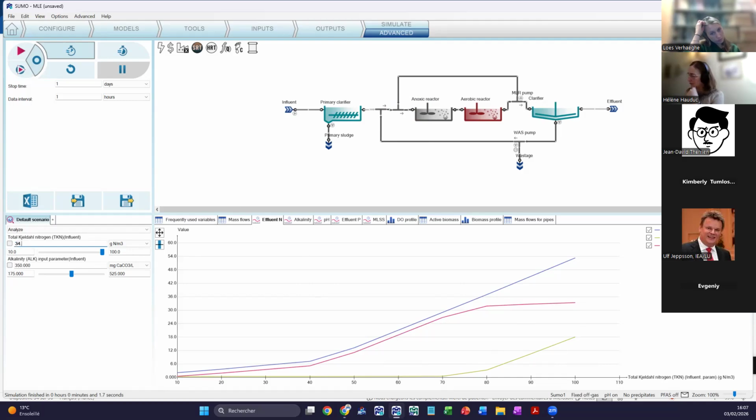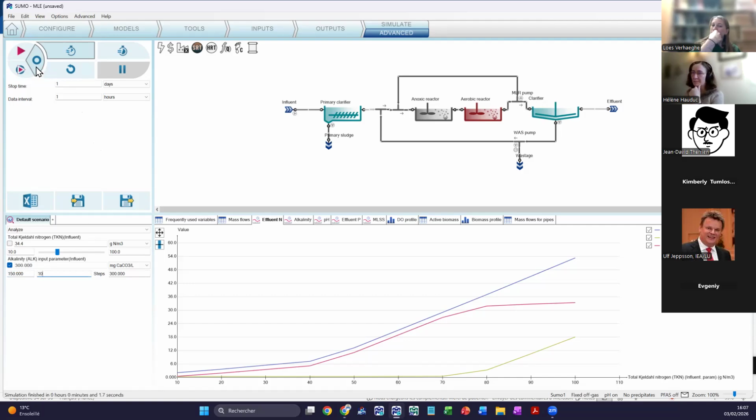And just quickly, if we come back to a reasonable concentration of nitrogen for municipal treatment, but just show if we have a soft water with a low alkalinity at the influent. So it's not a very high ammonia load, but just a soft water at the influent.